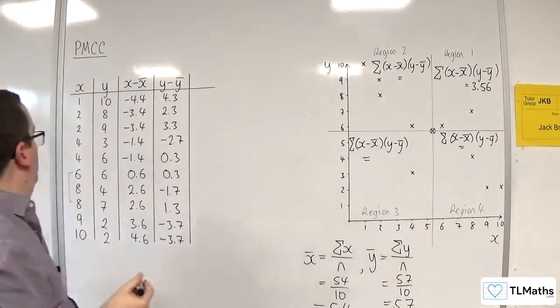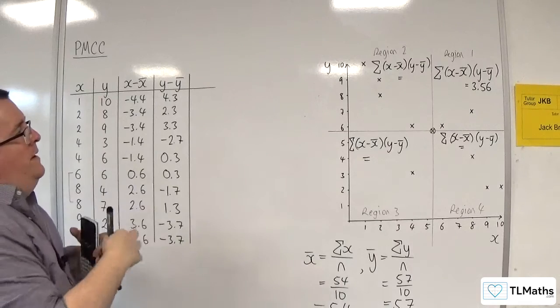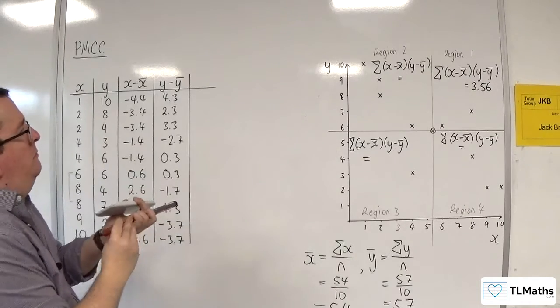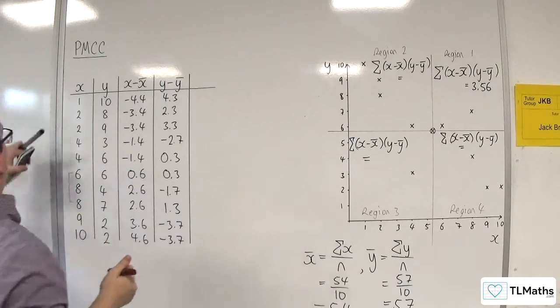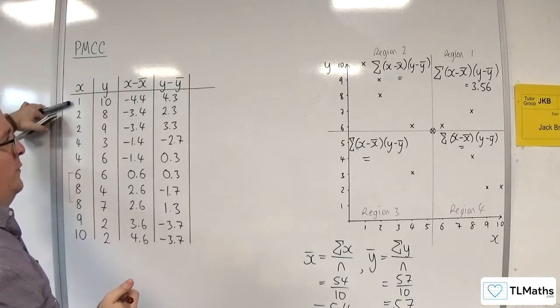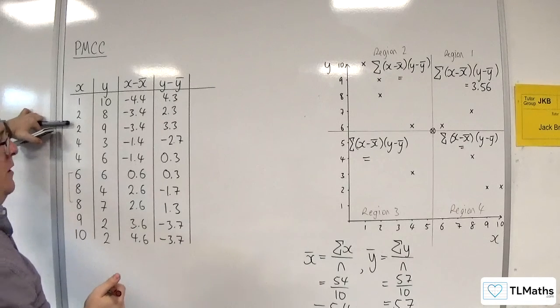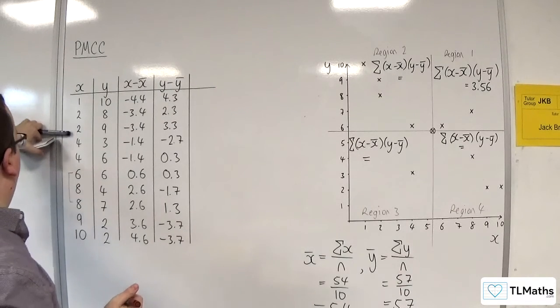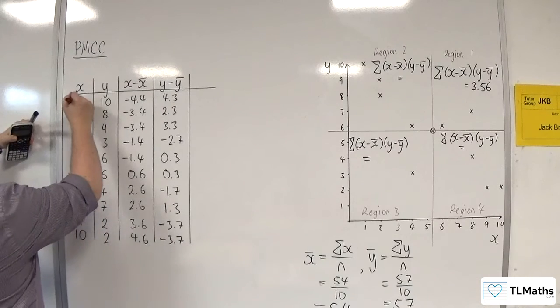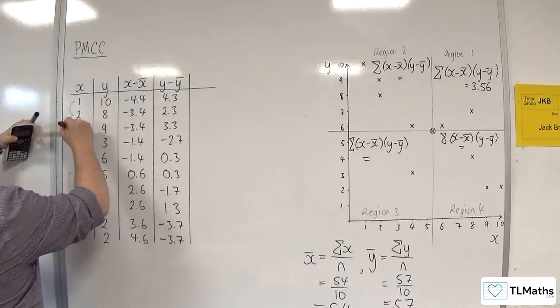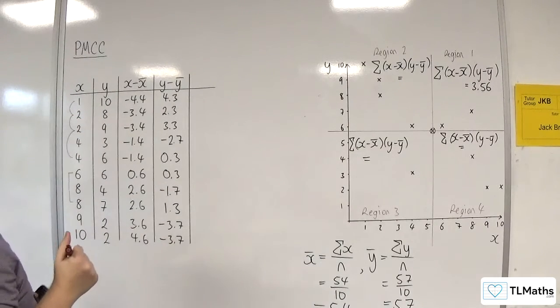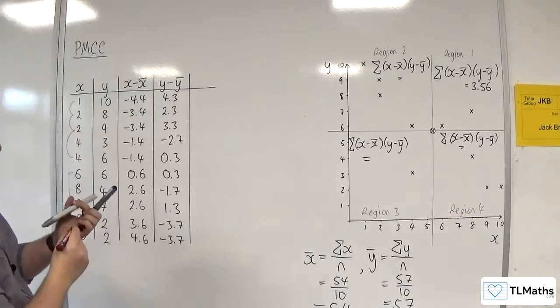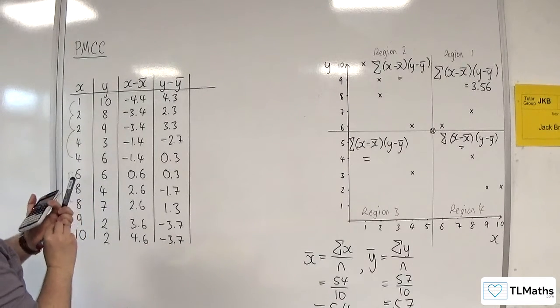Okay, for region 1. Right, now if I go into region 2, I've got the 1, 10, I've got the 2, 8, the 2, 9, and I've got the 4, 6. Okay, so those are the ones I've got in that region.